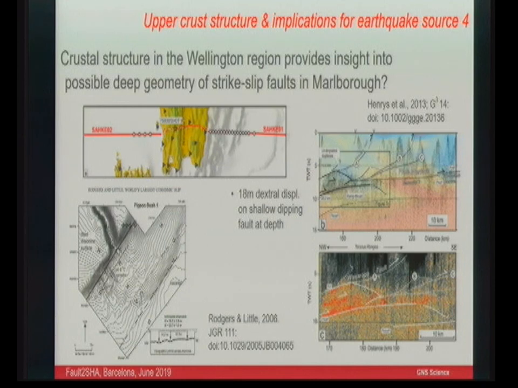So this is just a little bit further along the margin. That's, to our thinking now, a likely scenario for a deep crustal cross-section across the Kaikoura region as well. So that needs to play into our thinking. I remind you that here on the Wairarapa fault, this is where Rogers and Little documented the 18 metres of displacement in 1855.